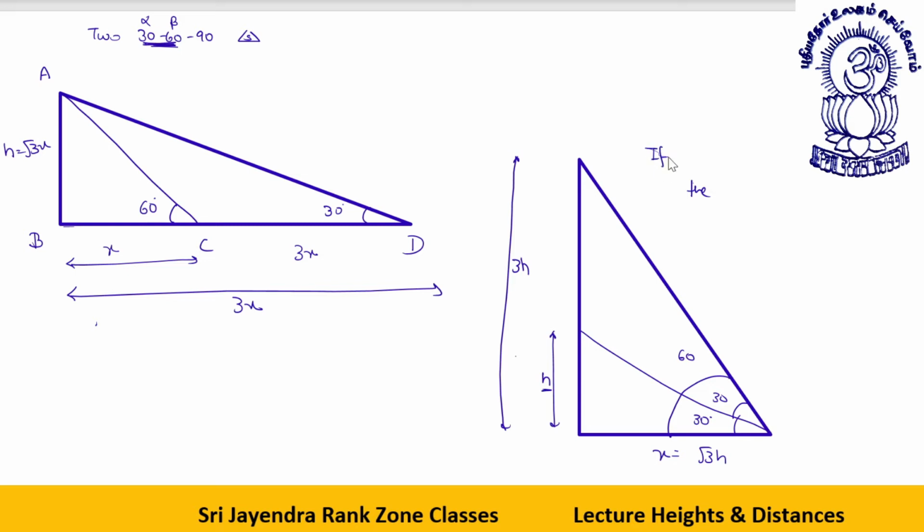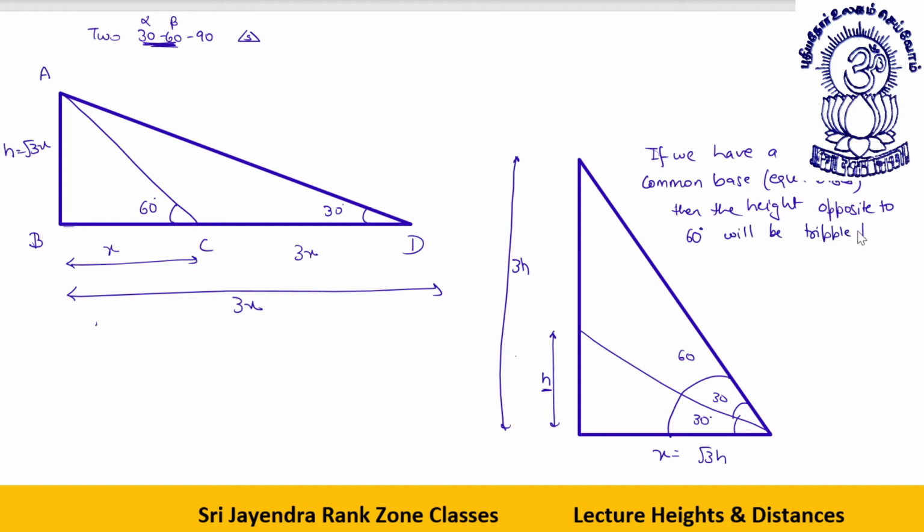The thing, dear students, is the height, let me write, if we have a common base, or in the bracket I say equal bases, then the height opposite to 60 degree will be triple the height opposite to 30 degree.